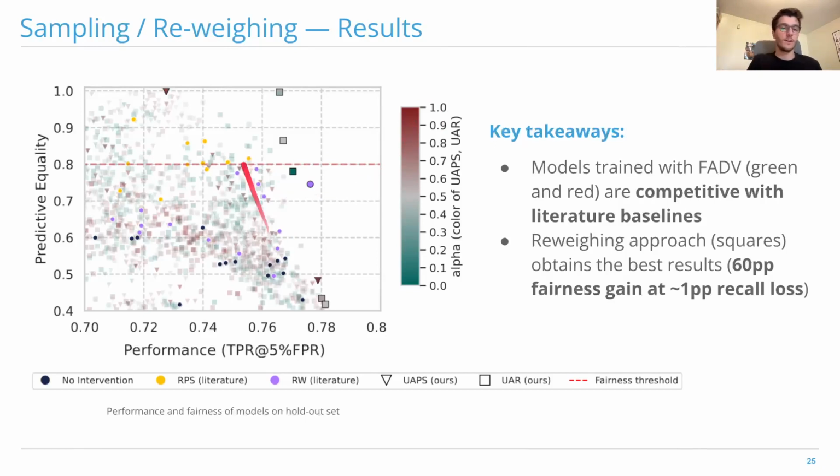As you can see, there is a trend: the greener points tend to be a bit less performant but more fair, and the redder are less fair and more performant. And our models exhibit better trade-offs compared to the baselines.